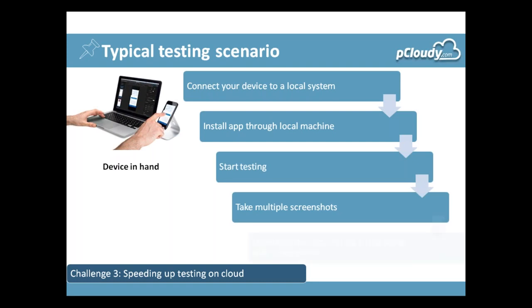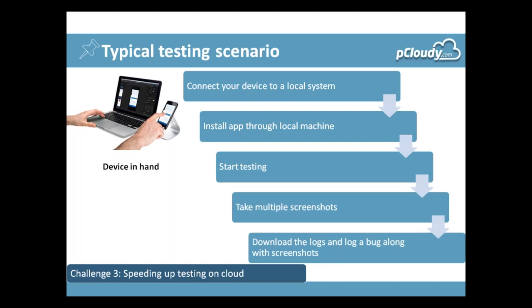And then once your scenario is complete, you would like to log certain bugs. And as part of bugs, you will have to attach the screenshots and the logs, because that's what is asked by developers when they start looking at those bugs. So this is a typical use case that we see users performing on a physical device in hand.